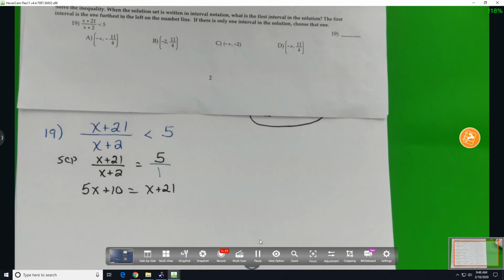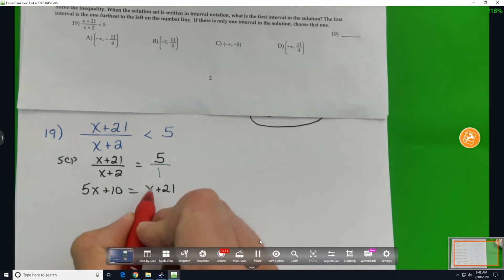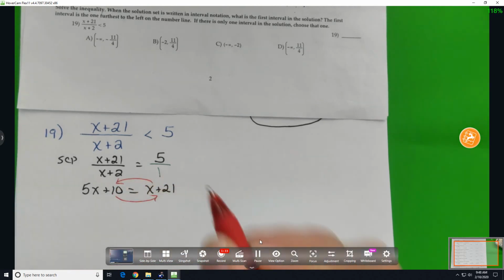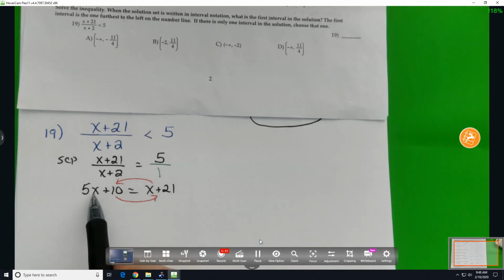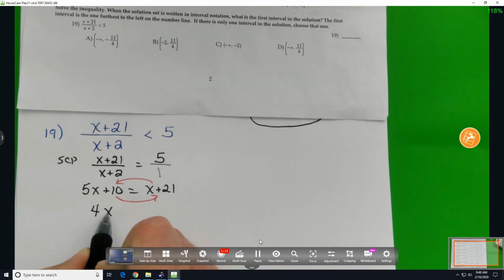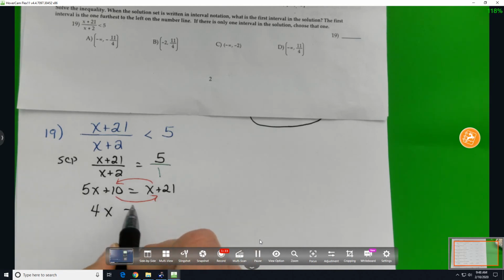So just move the stuff around. I'll move the x and move the 10. By move, I mean I'm subtracting x. 5x minus 1x is 4x. 21 minus 10, 11. Divide both sides by 4.